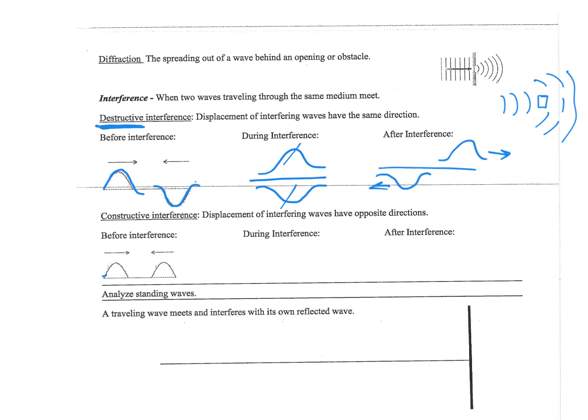Before interference, you've got them both up instead of up and down. Like they're not opposites, they're the same. So what happens during interference when they meet, you've got wave 1 and wave 2, and all of a sudden you've got a peak here of both of them, don't you? And that's what causes those things where, that's why it sounds like it's pulsing, number one, when you're in a Zoom call with two people with phones on in the same room. That's why it doesn't just all of a sudden go really loud.